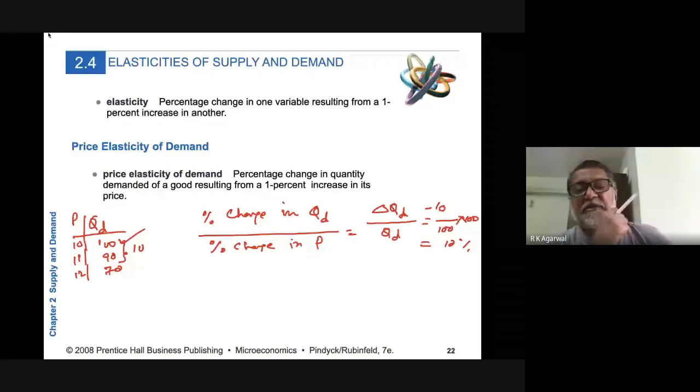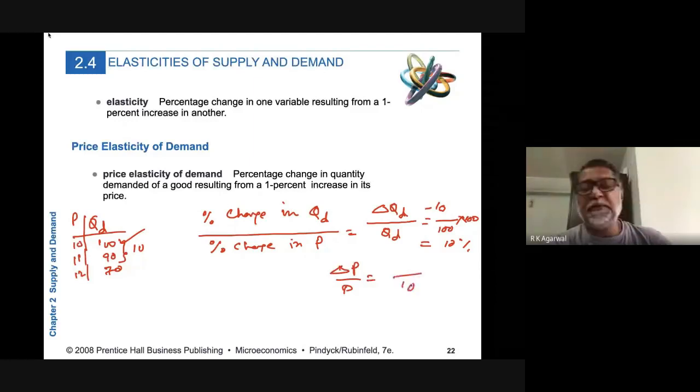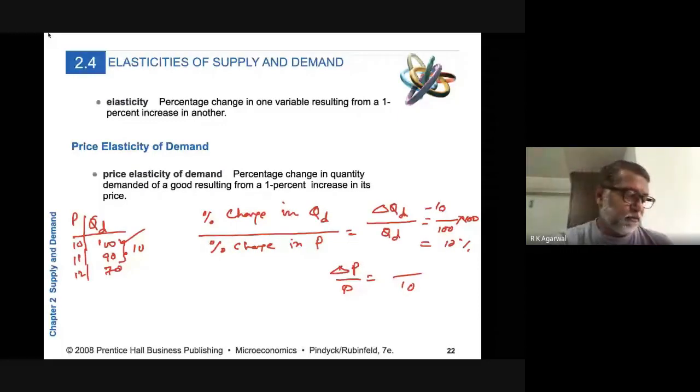Likewise, how will you calculate percentage change in price? That is delta P by P. So what was the original price? 10 rupees. So we write 10 rupees in place of P. And how much has the price changed? It has changed by 1 rupee. It has gone up to 11 from 10. So we write 1.